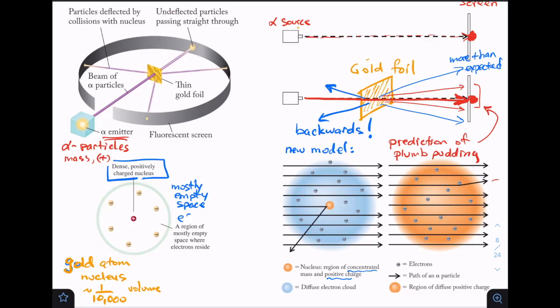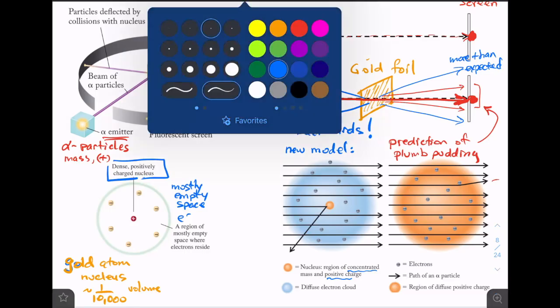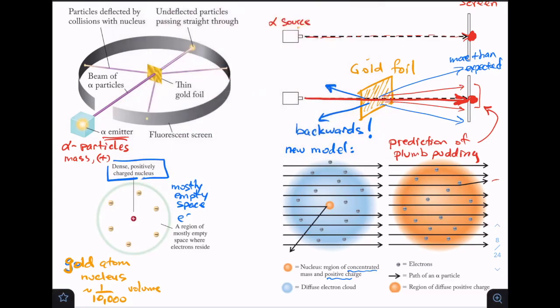Now, the model that Rutherford came up with to explain this, because models are very useful, right, looks something like this. You've got your dense nucleus in the center. And now remember, all of the evidence so far has been that the electrons have mass, so they're particles. And so we're thinking, how do these particles exist in this atom?